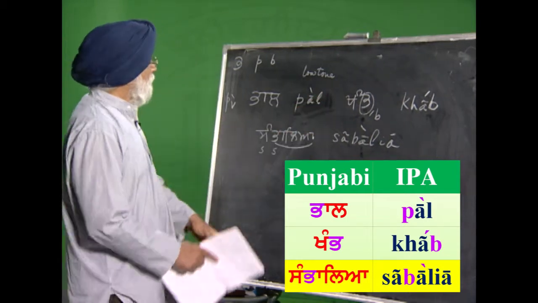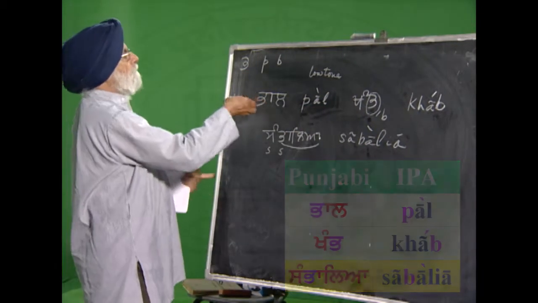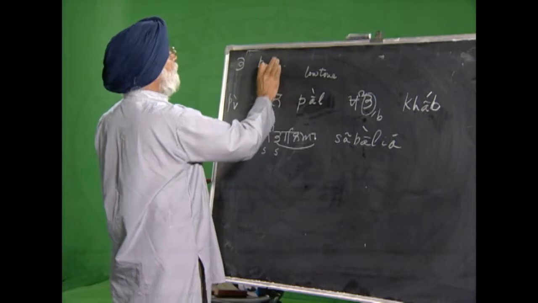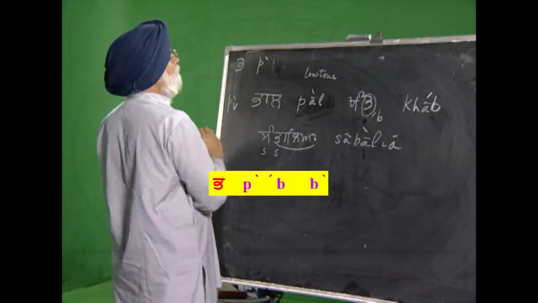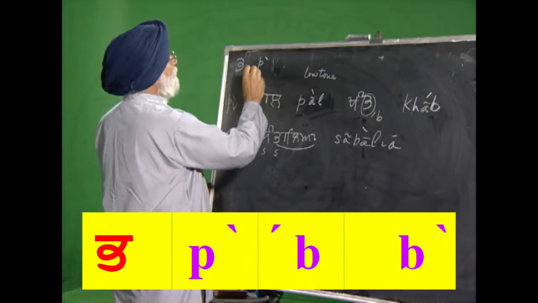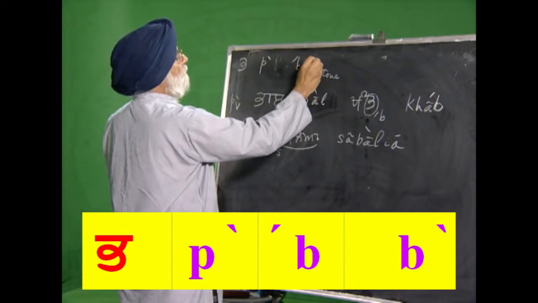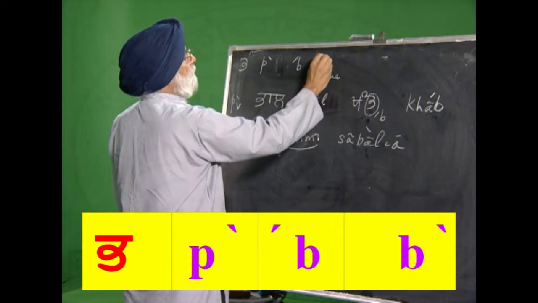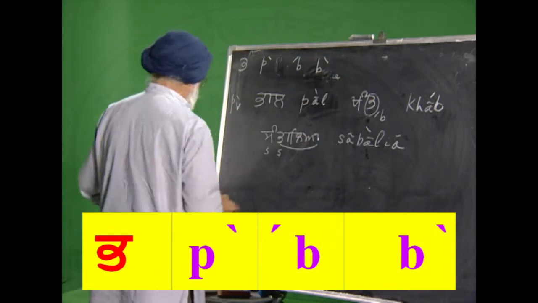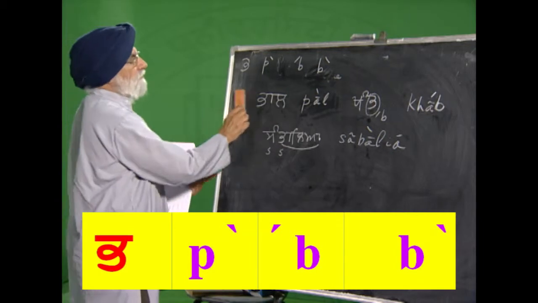So what it means is that it represents pa followed by low tone, or high tone and ba, or ba with low tone. So, these are three possibilities.